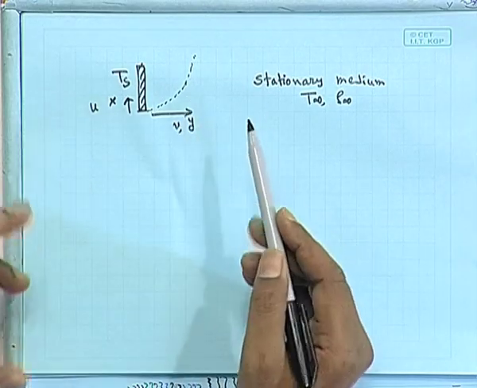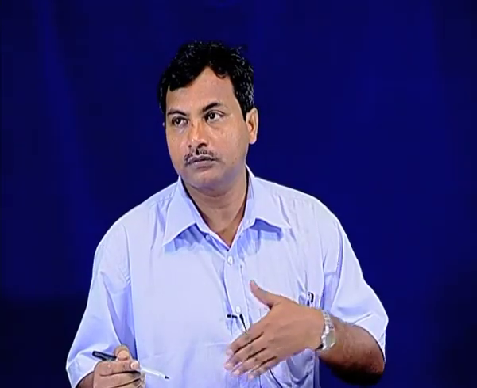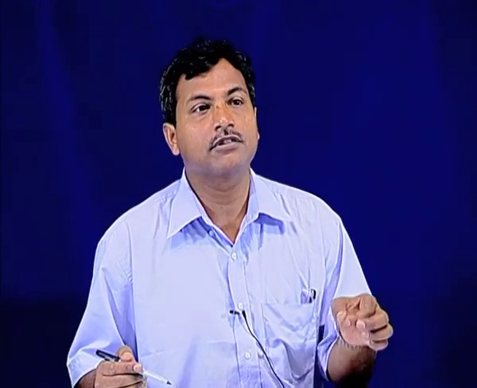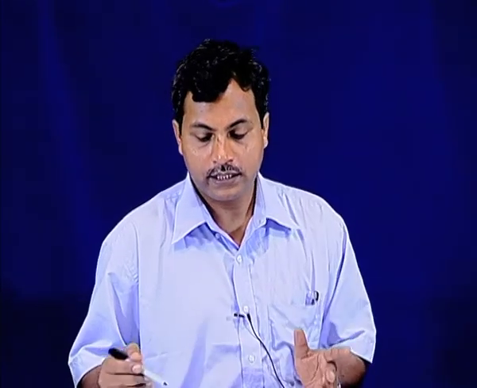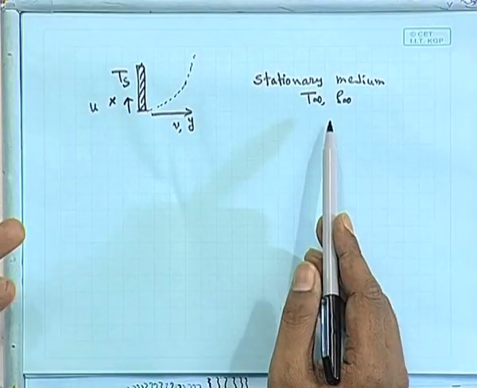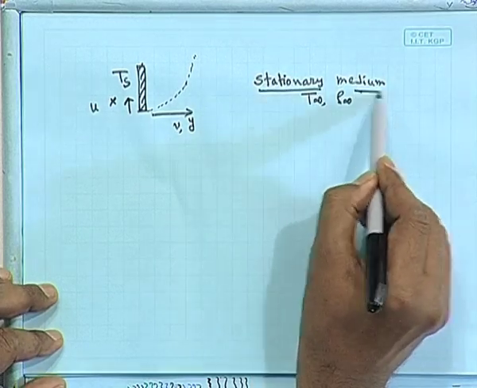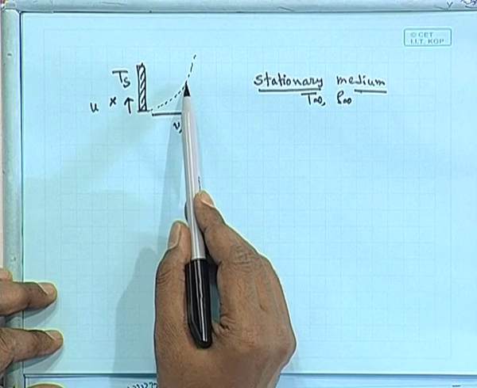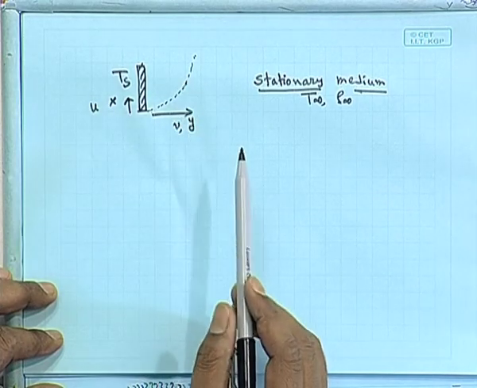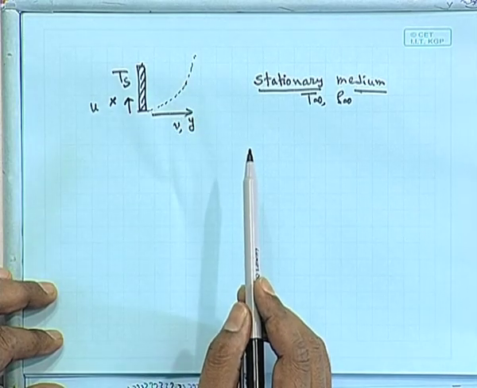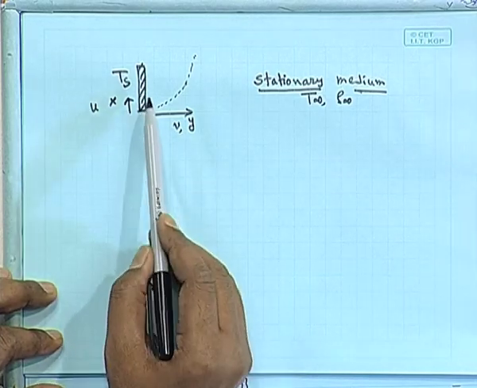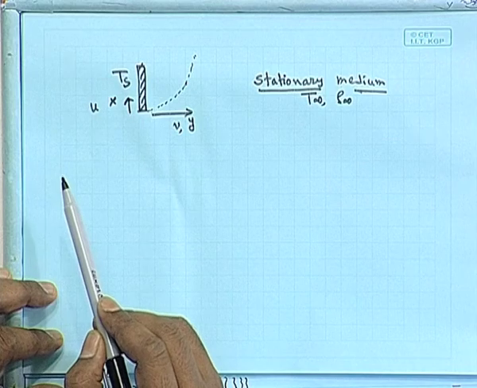Because what is the boundary layer? It is basically the surface, or the trajectory, where the velocity component will be 99% of the free stream velocity value. Here the free stream velocity value is 0, because this is a stationary medium. So, the values of both velocity components will be 0 at the edge of the boundary layer, and the velocity will also be 0 at the surface of the plate because of the no slip condition.